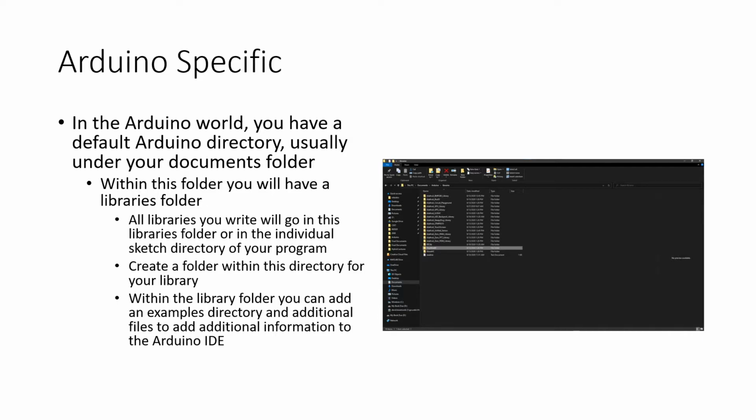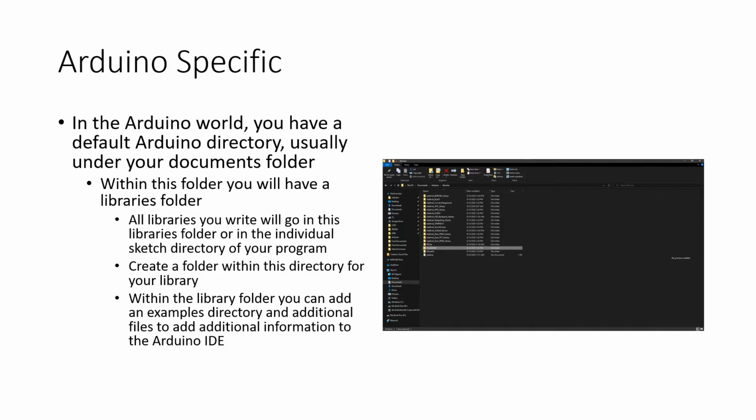So when you write libraries, you're simply going to make a directory for the library you write and stick it into this folder. This will automatically inform the Arduino IDE that this library is valid and available, and it will add it also to the include library menu item up on the top of the screen. There's additional information you can add, such as keywords and information, as well as descriptions and things like that.